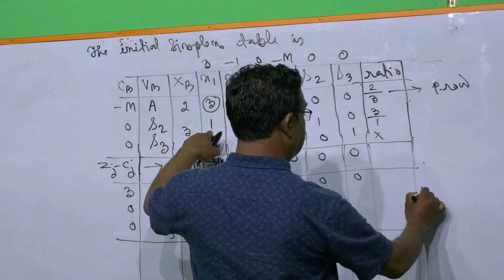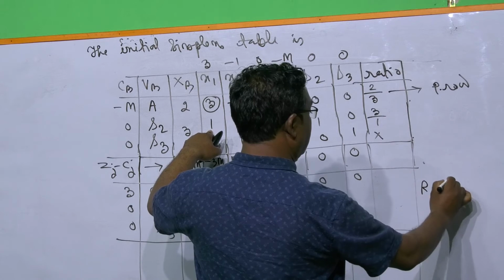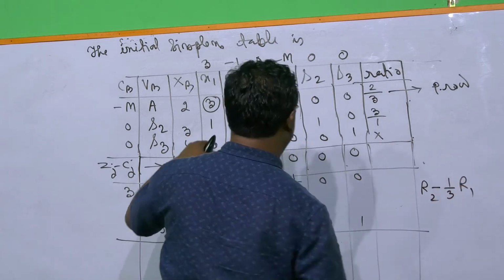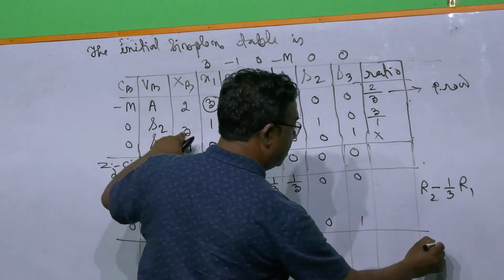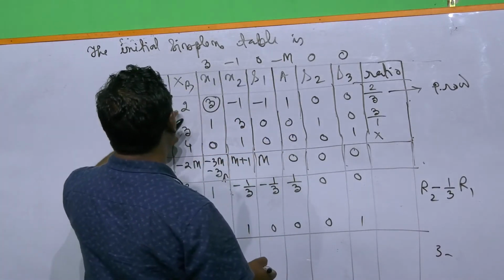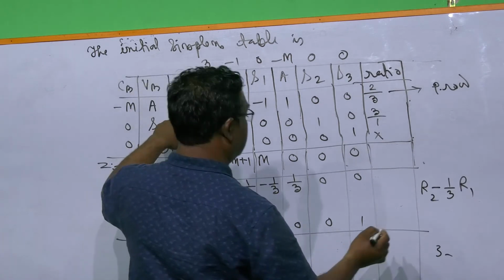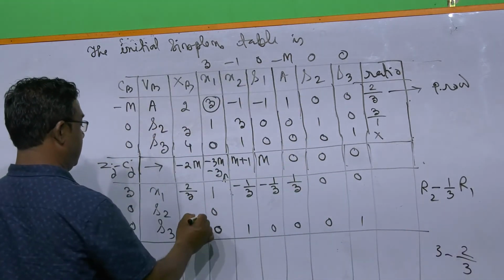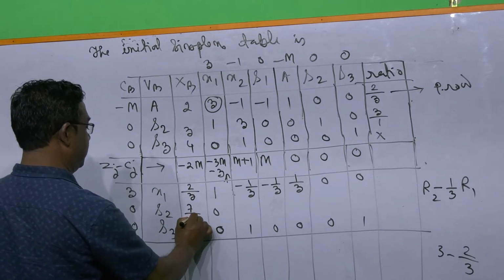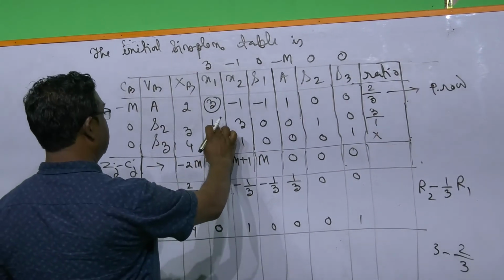Second row minus 1 by 3rd of the first row. So now 3 minus, you divide the first row by 3, it becomes 2 by 3, so 9 by 2, 7 by 3. You write 7 by 3 here, then this is 0.